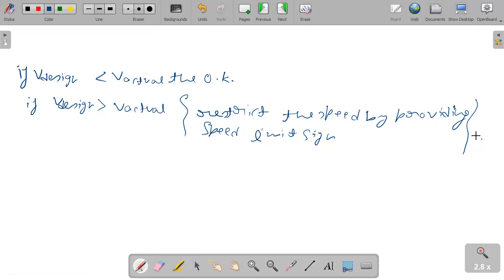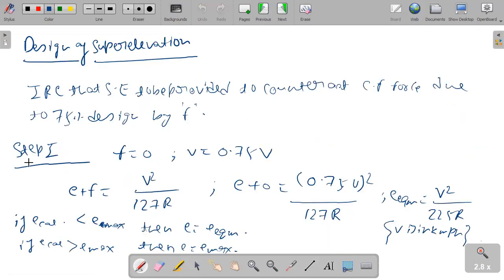Okay, and this is all about the three steps of design of super elevation.